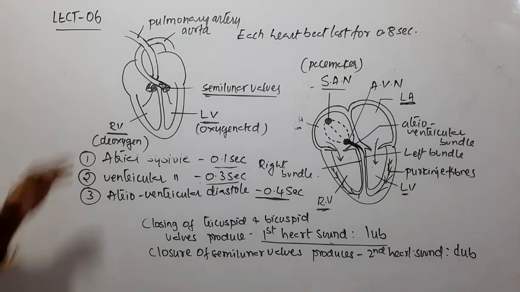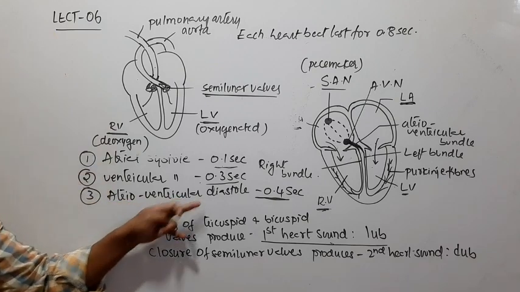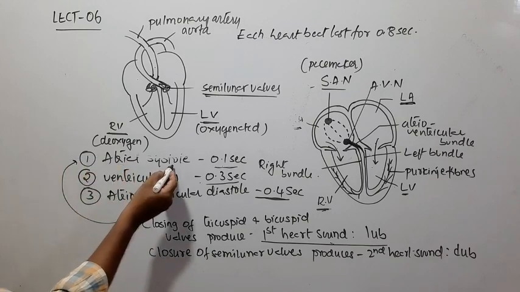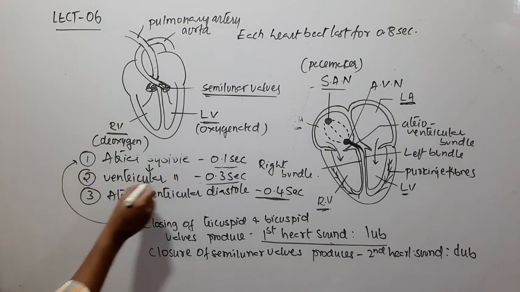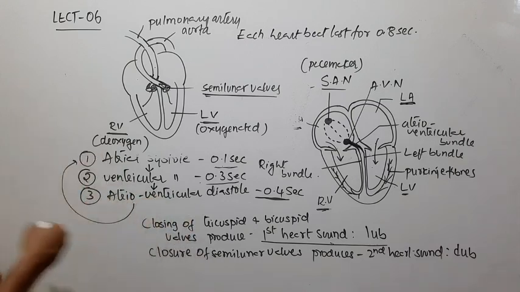So once again this will be repeated. Once the atrioventricular diastole is completed, it again begins with the atrial systole, then goes to ventricular systole, and then to atrioventricular diastole, and it will keep repeating throughout the life of the person.